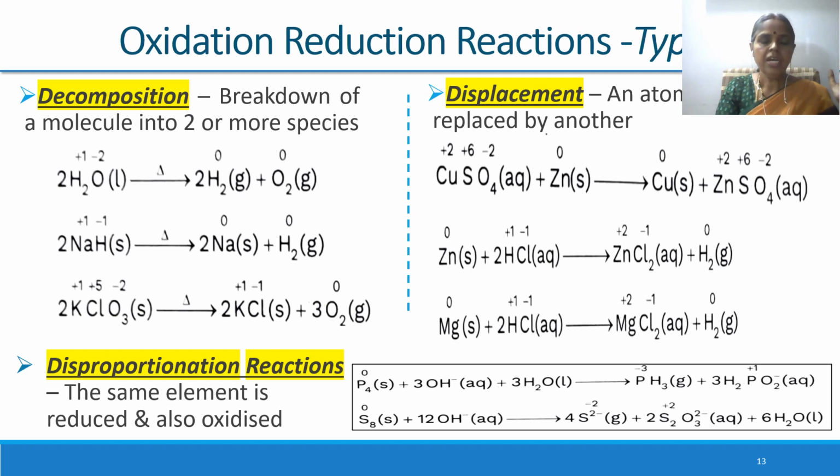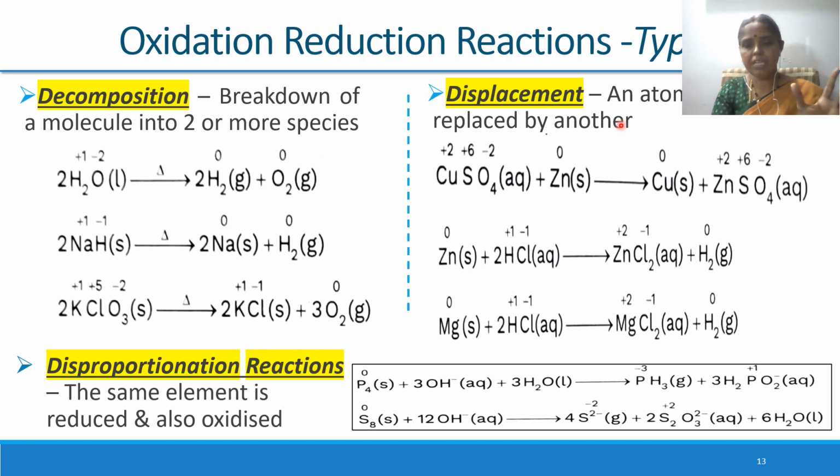You can see here water is broken down into hydrogen and oxygen. Sodium hydride is broken down into sodium and hydrogen. KClO3, that is potassium chlorate, is broken down into potassium chloride and oxygen. So breakdown of one molecule into 2 or more species is called decomposition.